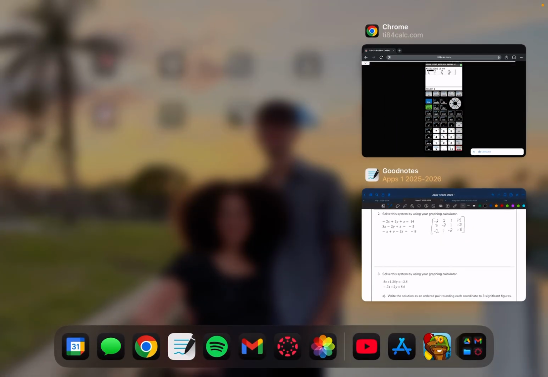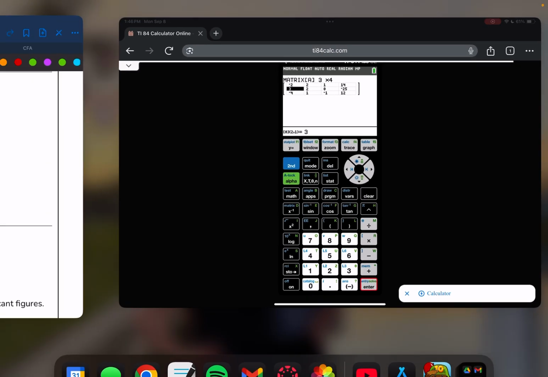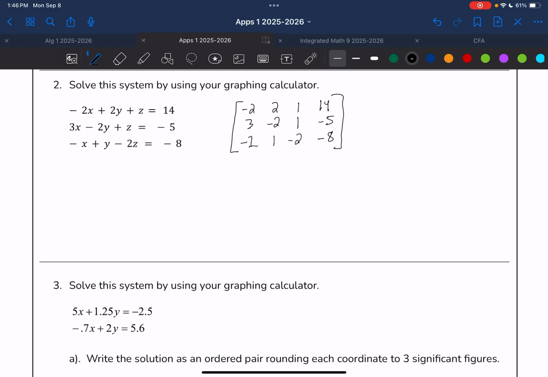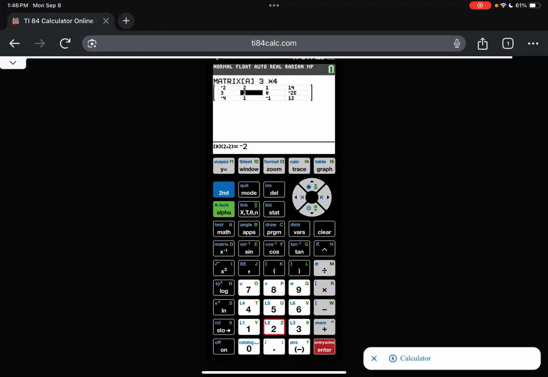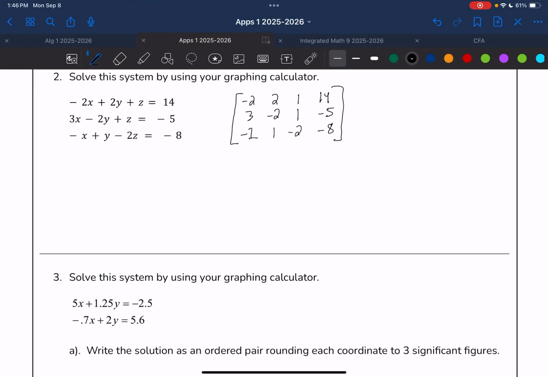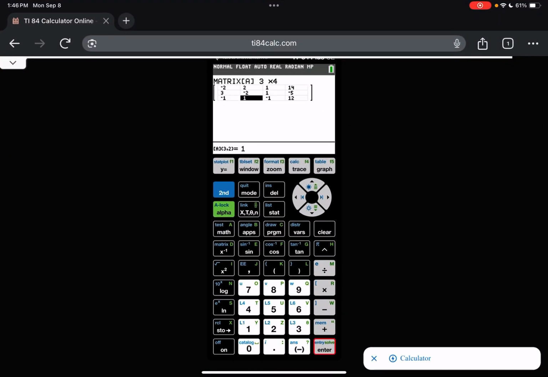So we have negative 2, 2, 1, 14. 3, negative 2, 1, negative 5. And I have negative 1, 1, negative 2, negative 8.